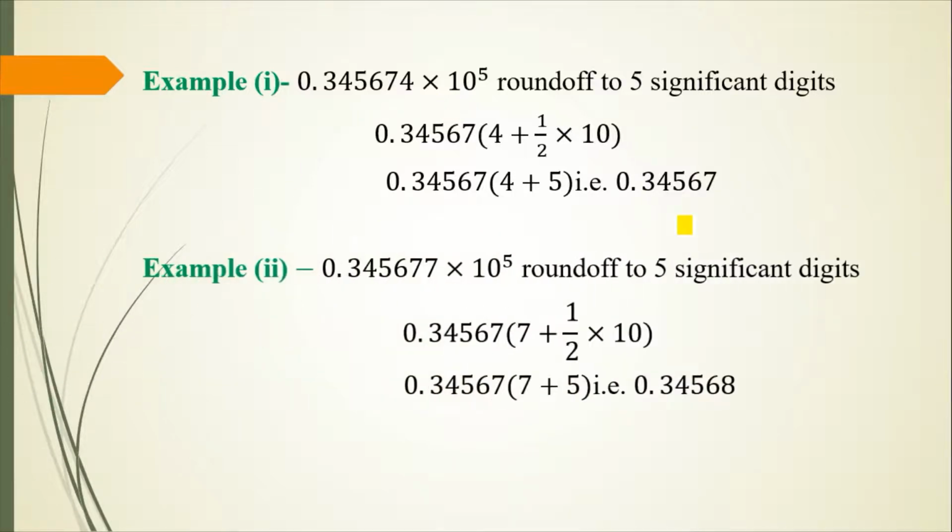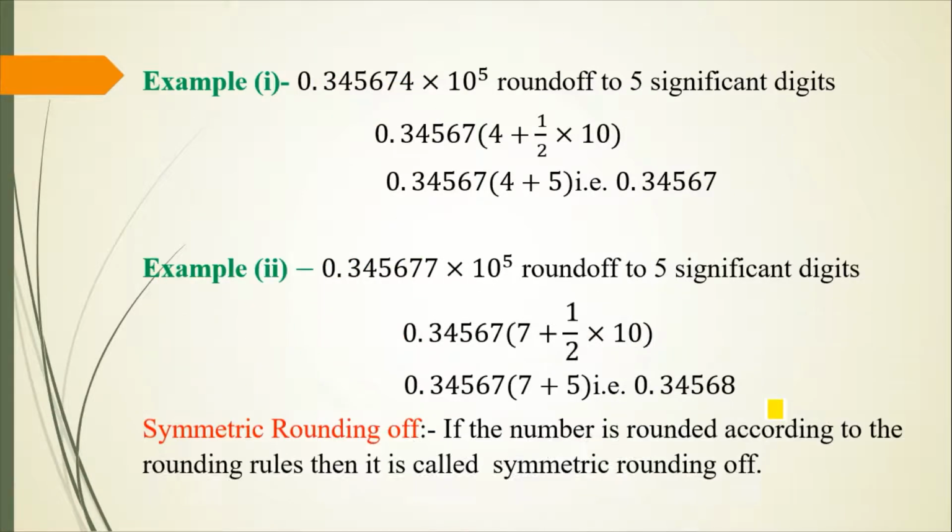Another example is this. You also have to round up this number to 5 significant digits. Here the sixth digit is 7. You can write it as this. After calculation, you will get this number. This is your number rounded to 5 significant digits. Now, what is symmetric rounding off? If the number is rounded according to this rounding rule, then it is called symmetric rounding off.